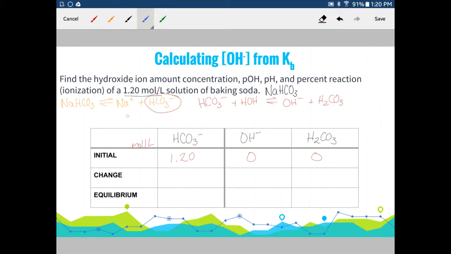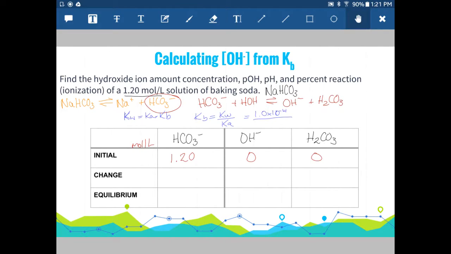So we're going to write down our formula here just to make sure we're keeping track of what we're doing. We're taking this formula and rearranging it to get our Kb, in which case our Kb is equal to our water ionization constant, 1.0 times 10 to the negative 14, over whatever our Ka is for our conjugate acid.